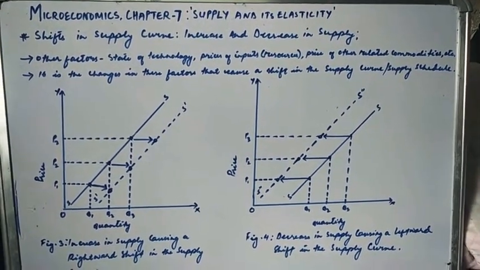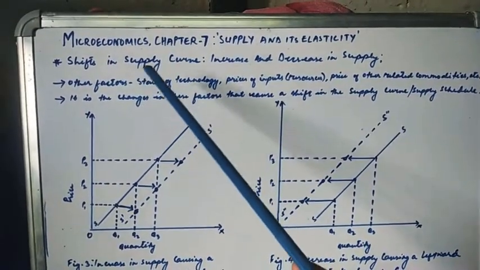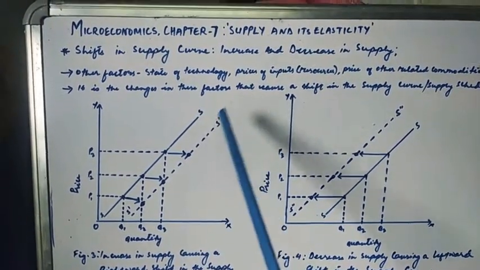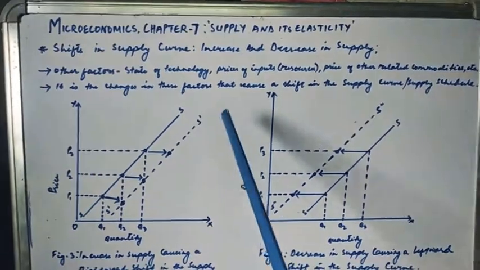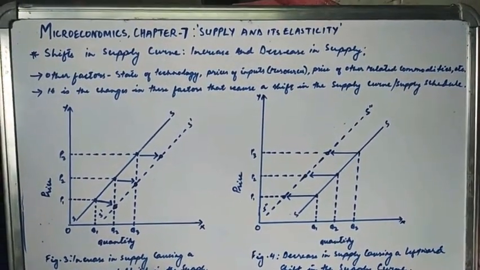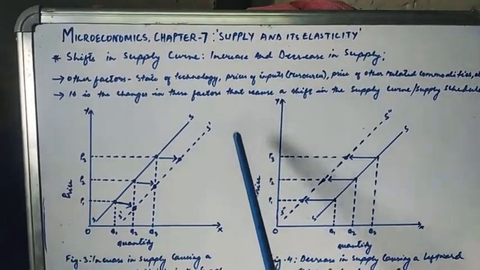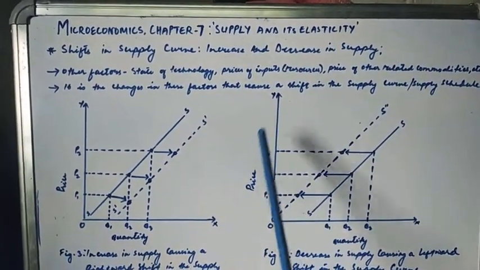So the next topic in our hand is shift in the supply curve. We have discussed a little bit about the increase and the decrease in the supply curve, which is different from extension and contraction of the supply curve.